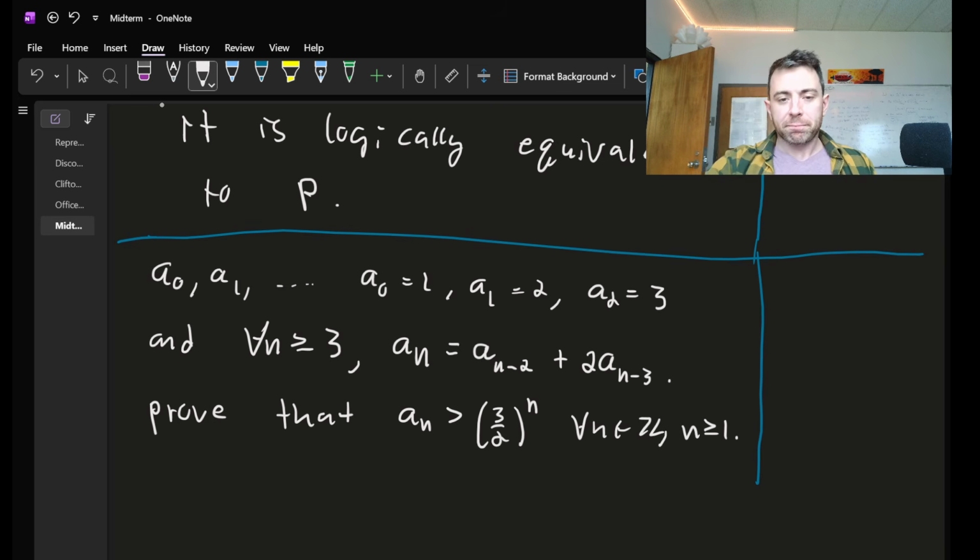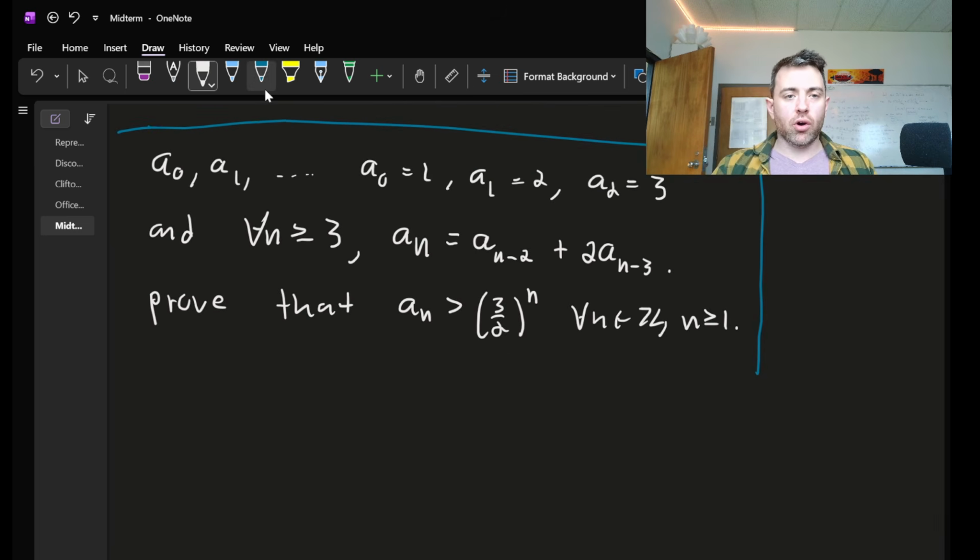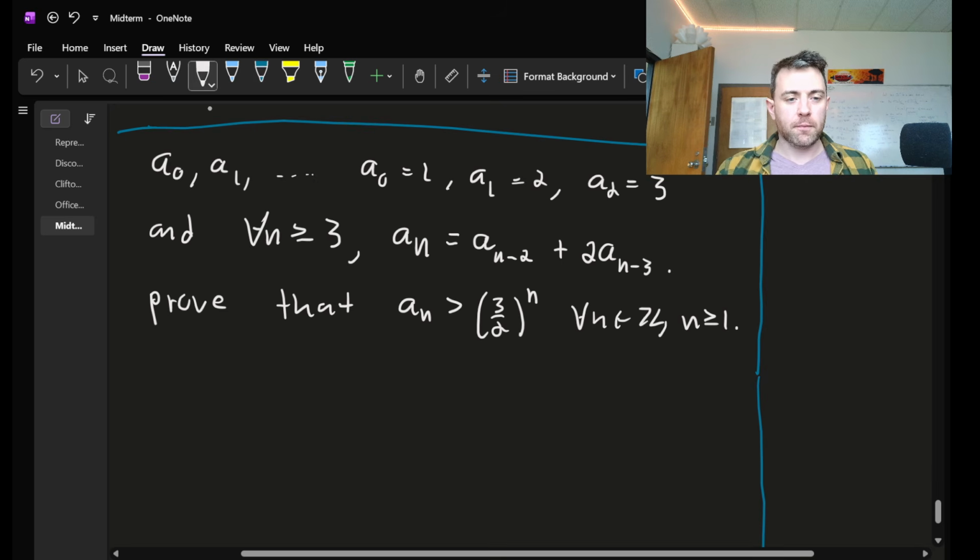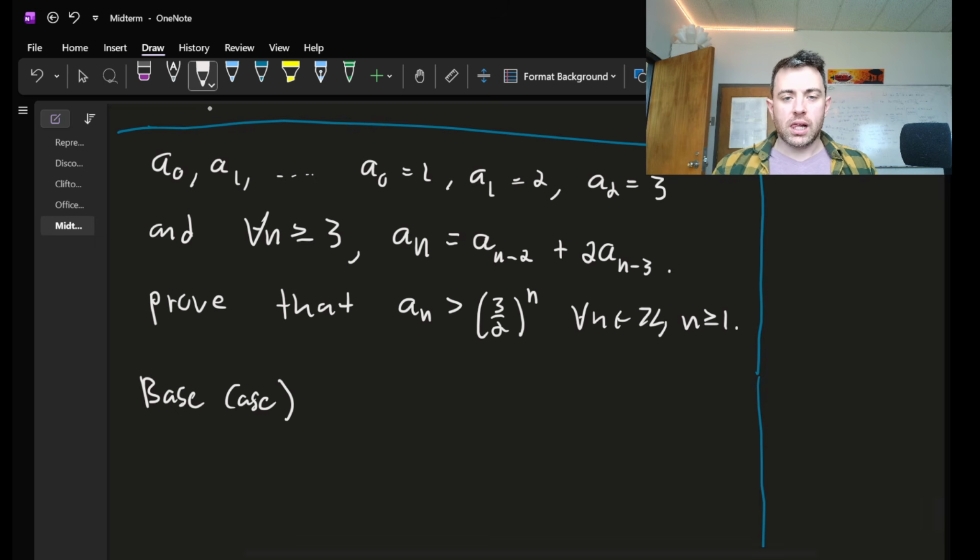Okay. So what do we need to do? We need to first set up our base case. Definitely, I'm going to want to prove it for the first few values by hand. I don't know how many I'll need, because I know I'm doing strong induction.